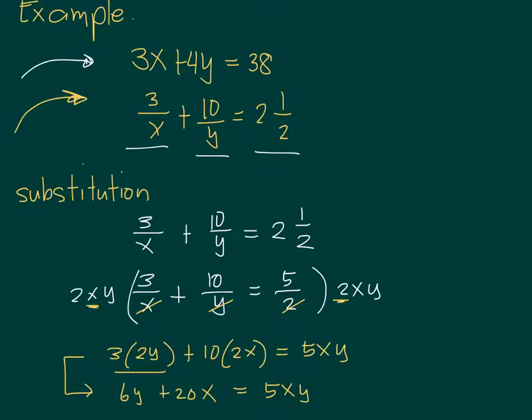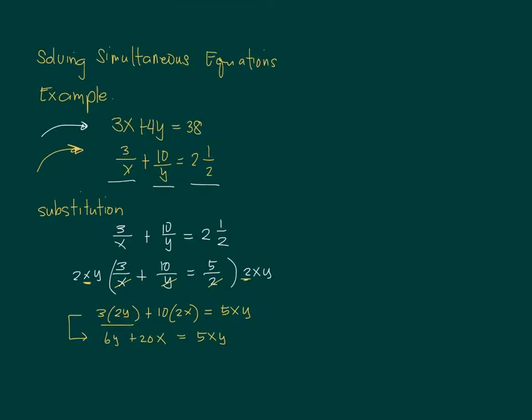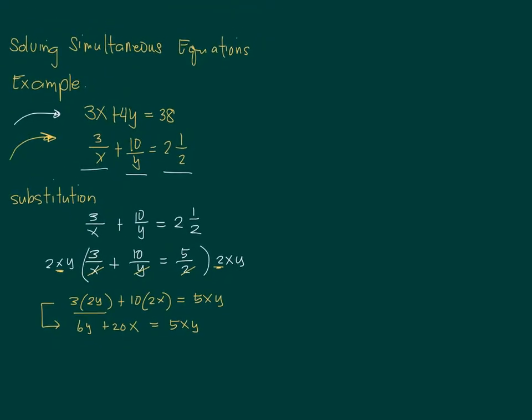So you could see that the second equation has been transformed into a different form: 6y plus 20x is equal to 5xy. We can continue working with the simultaneous equations.